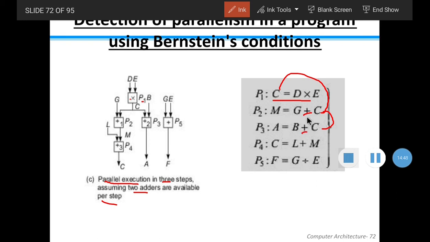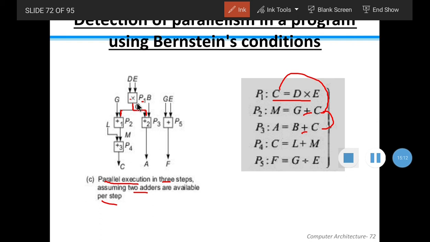In the previous case that was impossible because there was only one adder, but now we have 2 adders, +1 and +2, so C is given as an input to both adders.